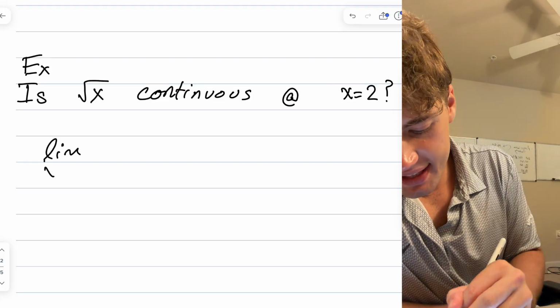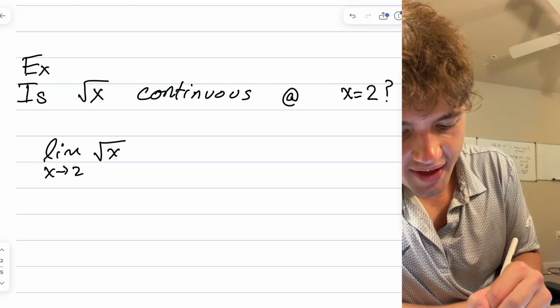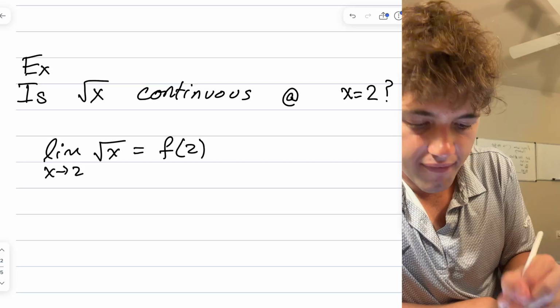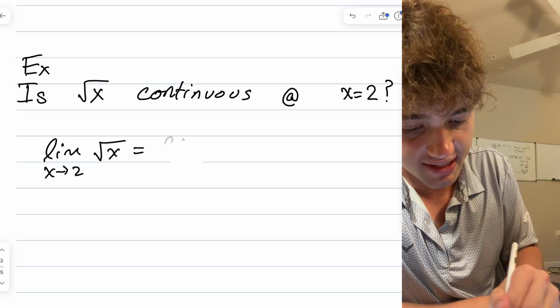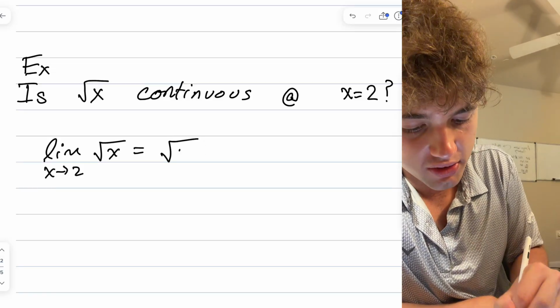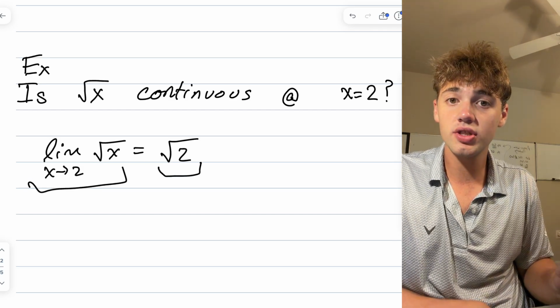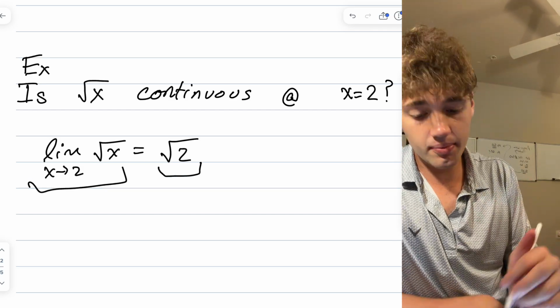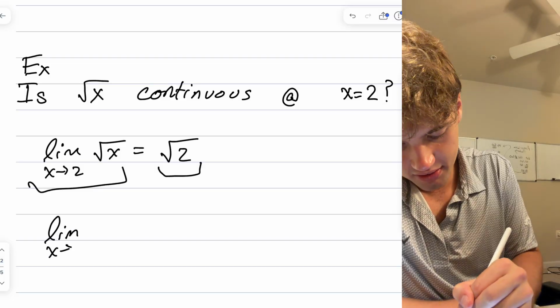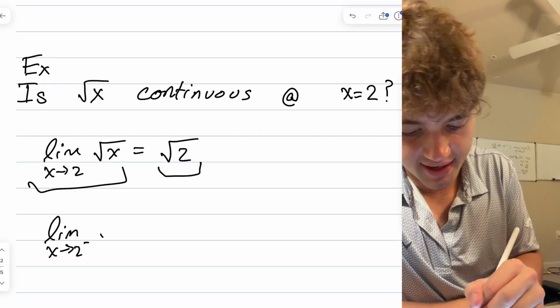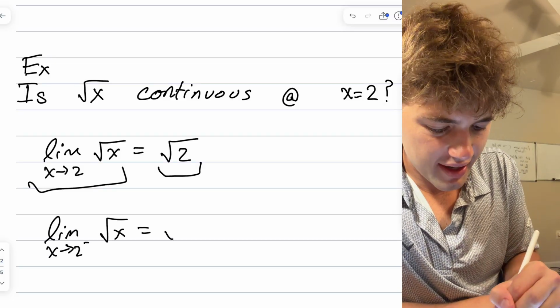The limit as x goes to 2 of the square root of x must equal our function value at x equals 2. So in this case, by plugging in 2 into our function, the limit must equal square root of 2. So we have to check the left and right-handed limits. The limit as x goes to 2 from the negative side of square root of x, we can use direct substitution.